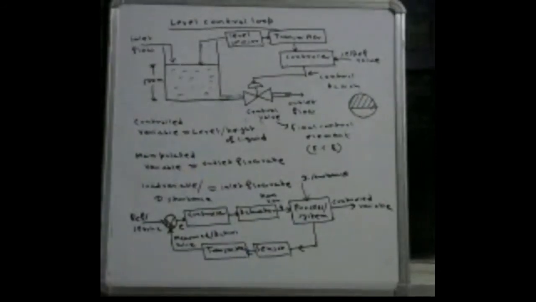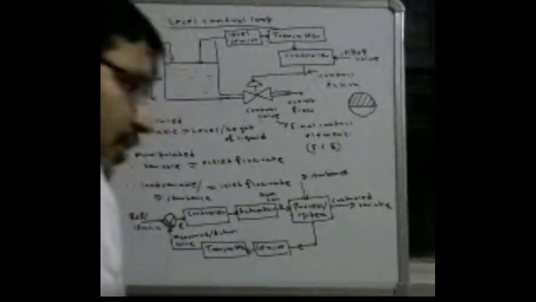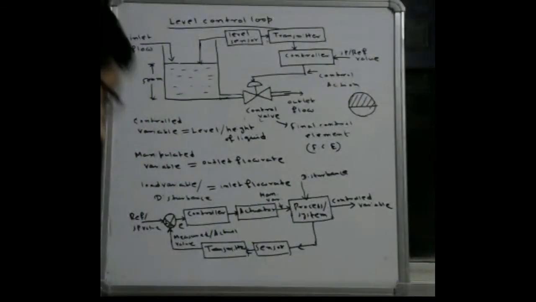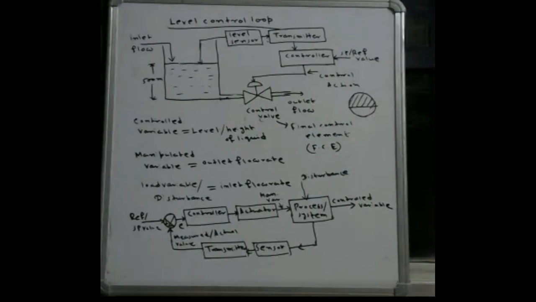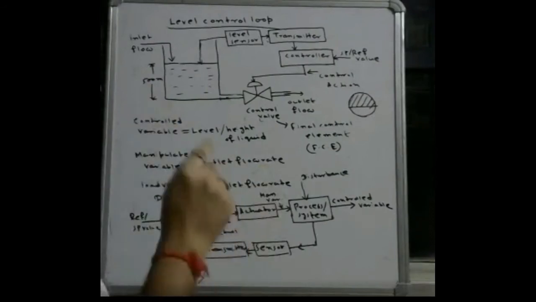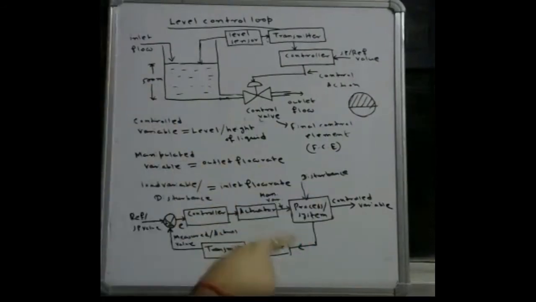So one by one, we have to model each block. That means we have to represent each block with some mathematical equation. This one is the first or primary target of the control system. So before doing that, we have to first focus on our process, which is to be controlled. So our first target is to model the system or process.